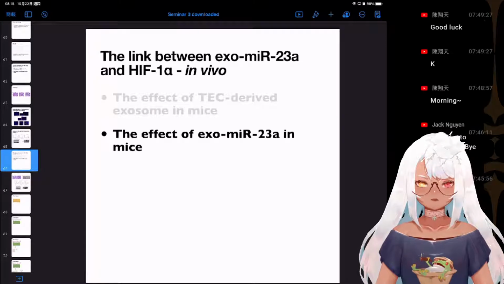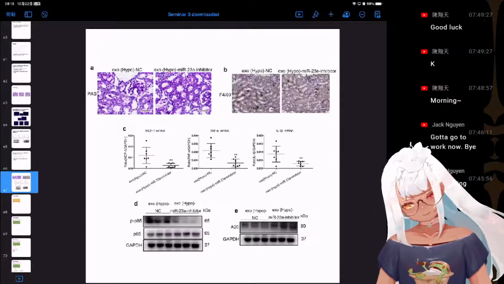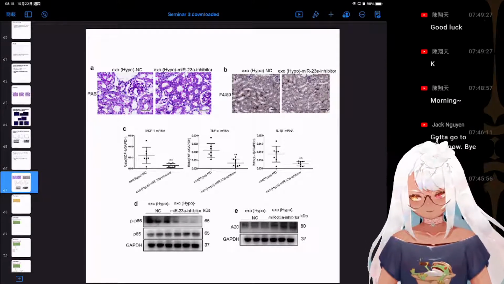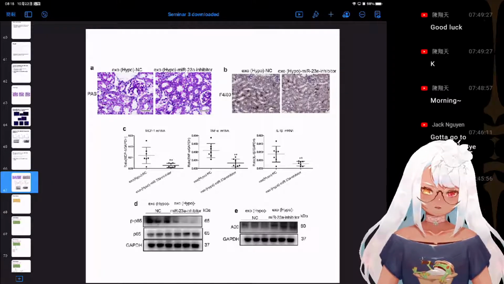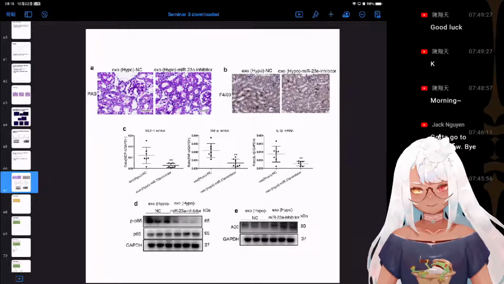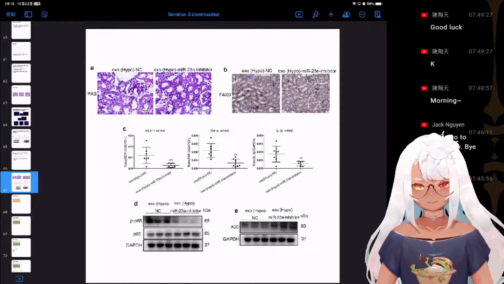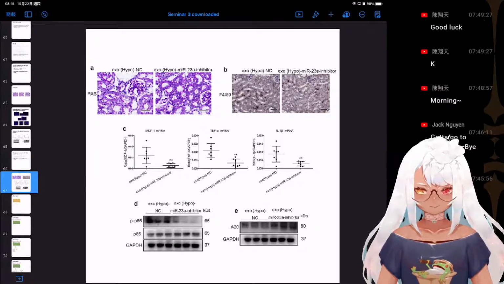Okay, so finally in the smaller scale, the exomitochondria effect on mice. Well, actually, it is a similar pattern. We can see that to check whether mitochondria is actually the main character here, they use loss of function experiment, so they will inhibit mitochondria in this hypoxic TEC derived exosome and see whether this can improve the repair of the kidney tissue.